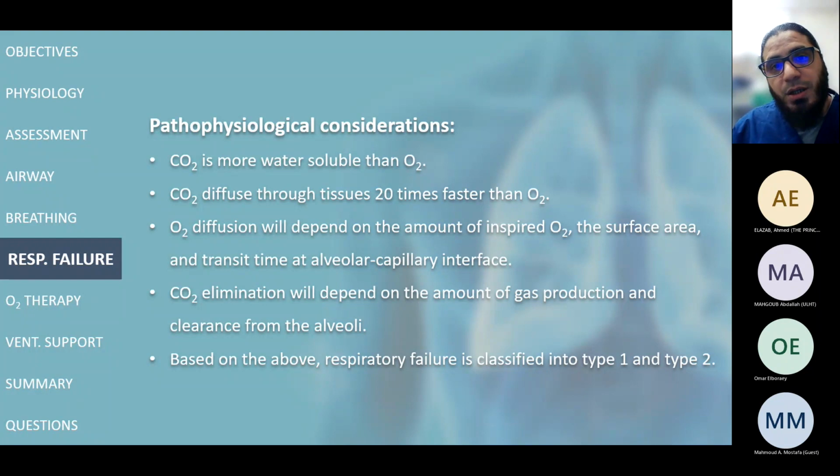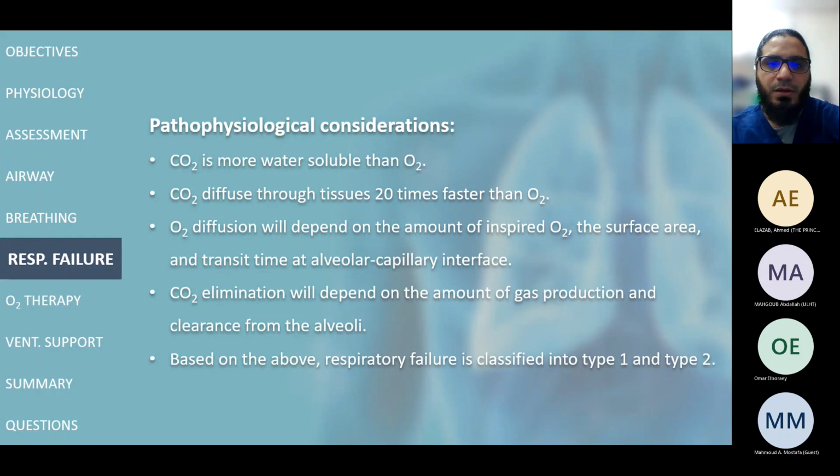And that's why most of the pathologies that you will face will start with type 1 respiratory failure. Even COPD, which is known to cause CO2 retention, in the early stages is type 1 respiratory failure. The oxygen is less water soluble.